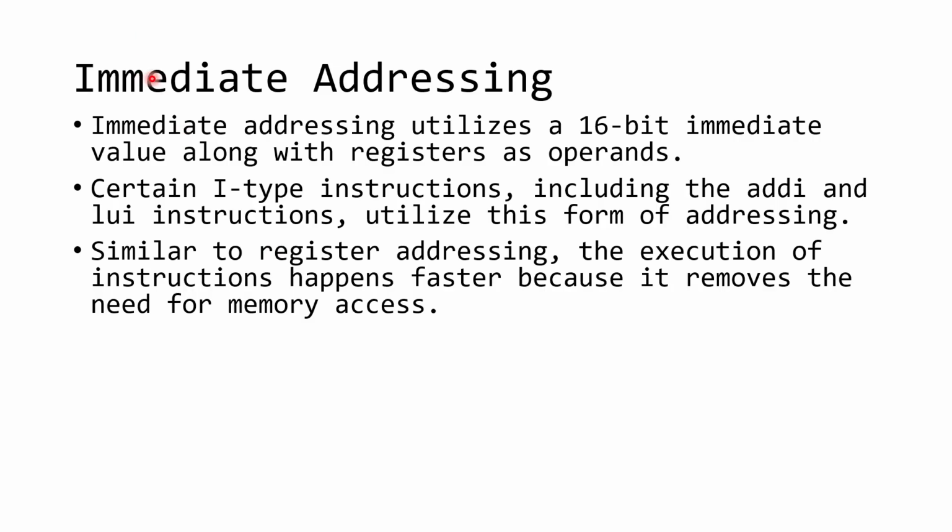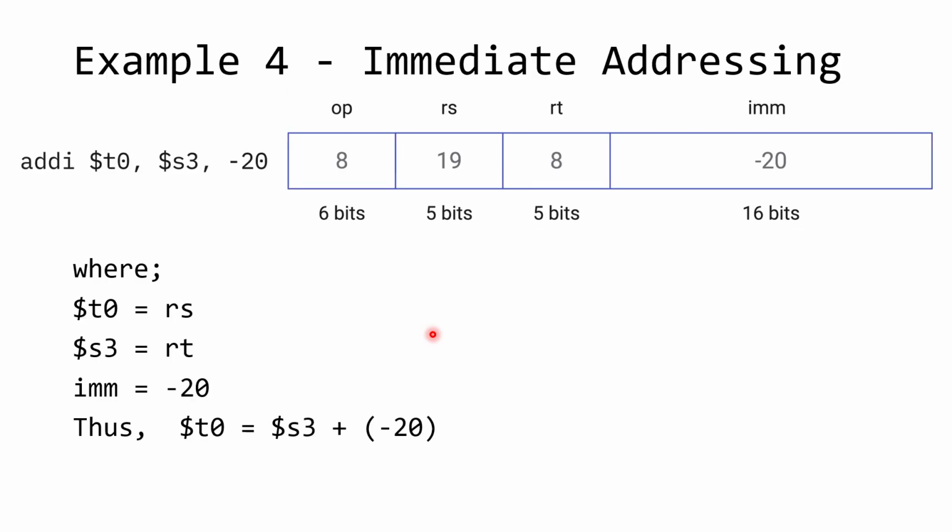Another addressing mode is what we call immediate addressing, which utilizes a 16-bit immediate value along with registers as operands. Certain I-type instructions, including ADDI and load upper immediate, utilize this form of addressing. Similar to register addressing, the execution of instructions is faster because it removes the need for memory access. As long as the instruction does not involve memory, the execution will be faster.